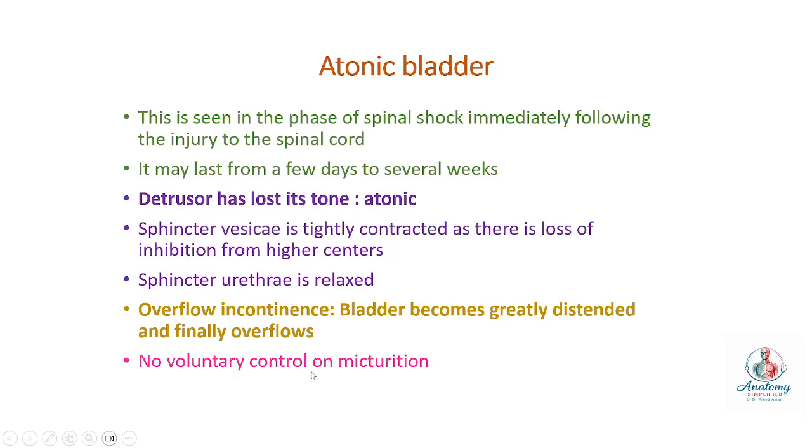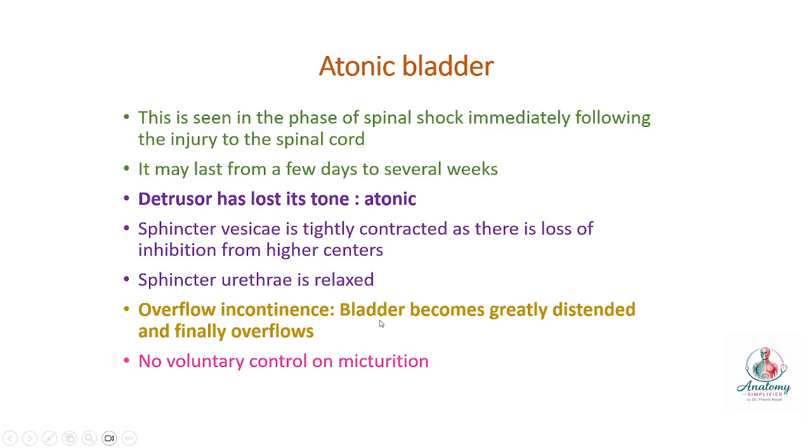There is no voluntary control on micturition. There will be overflow incontinence. Because of overflow, the bladder capacity is utilized more than expected, so the bladder has to evacuate. This is called overflow incontinence. So in atonic bladder, we can see overflow incontinence.